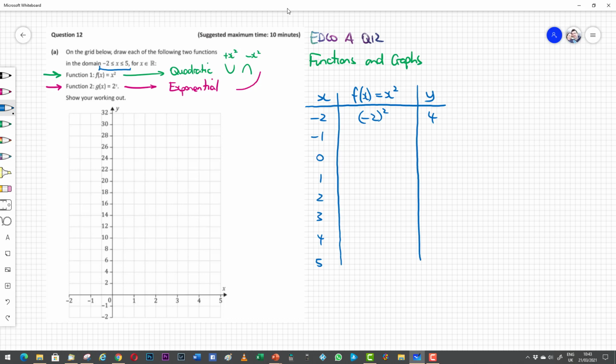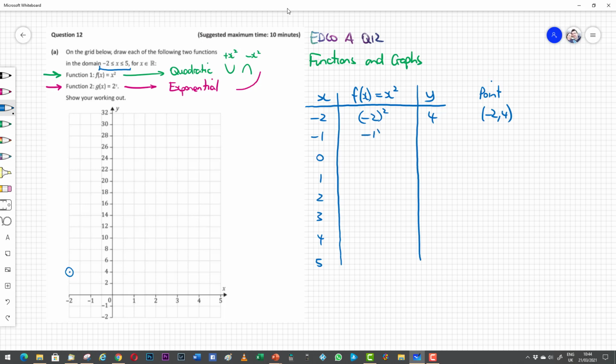So when -2 is the input, the output is 4, and they become a pair of points, -2, 4, which we can then go onto the graph, go over to -2 and up to 4, and we can place it on the graph. So what we'll do is we'll find all the points for the quadratic function here, and we'll go over to the interactive then just to see the animation of the actual graph being drawn.